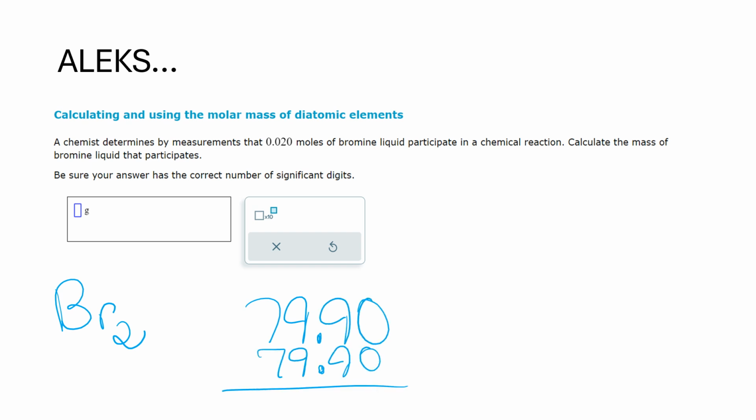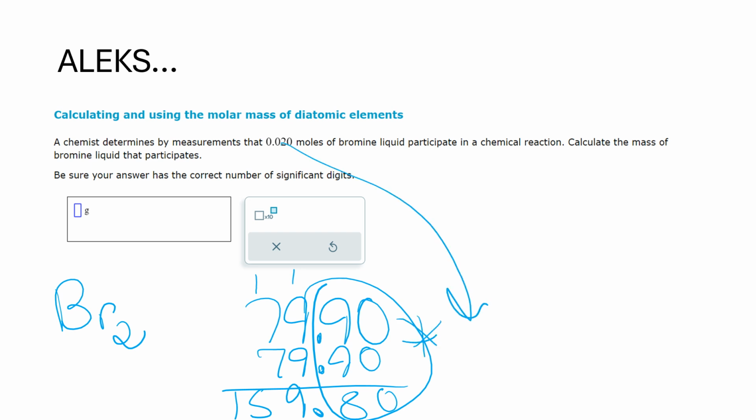So the molar mass for bromine is 159.80, because when you add numbers, you go to the least amount after the decimal, and you're going to multiply that by the amount of moles.